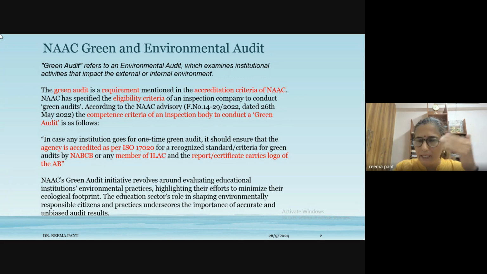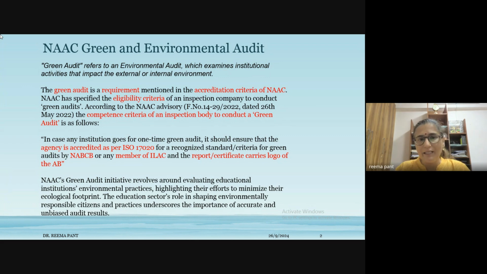It could be any aspect of the environment that you will look into, and that aspect of your university or your institution is going to be accounted for: how much is there, how much is being used, how is it being used, what is the percentage of wastage being done, what can be done for that wastage, and how can you control it. All those little things will be looked into and accounted for.